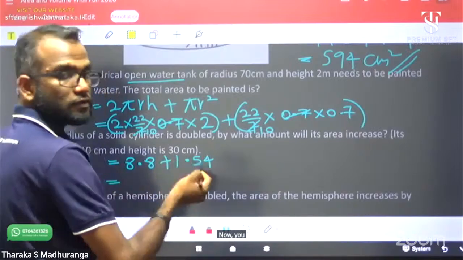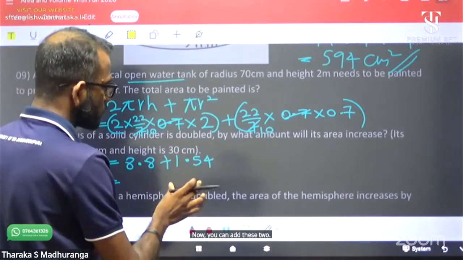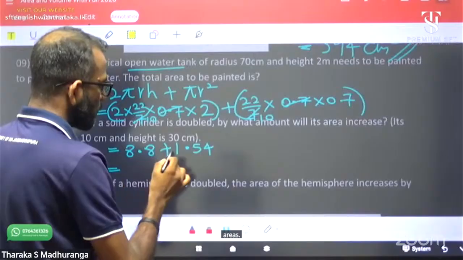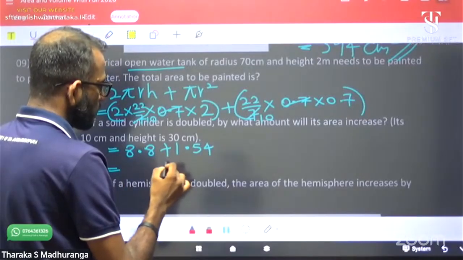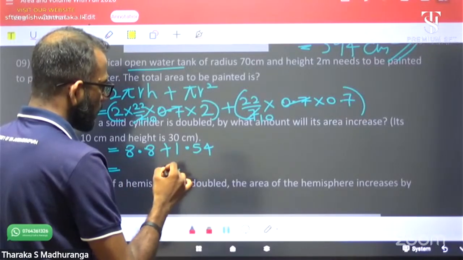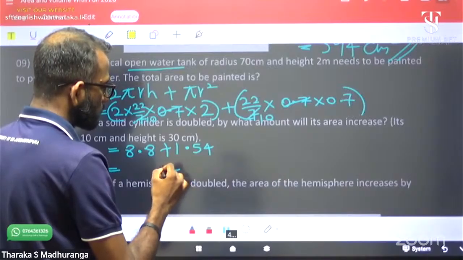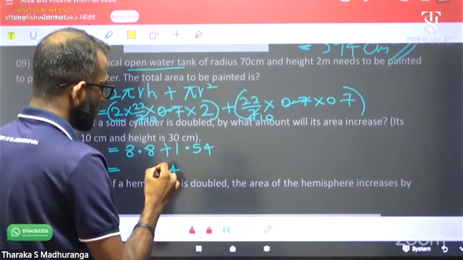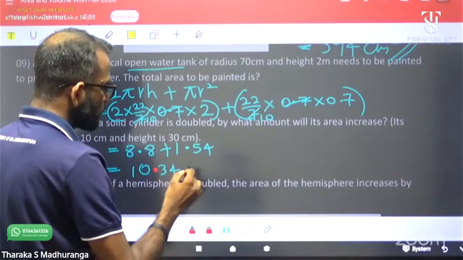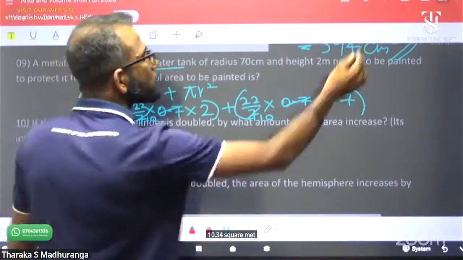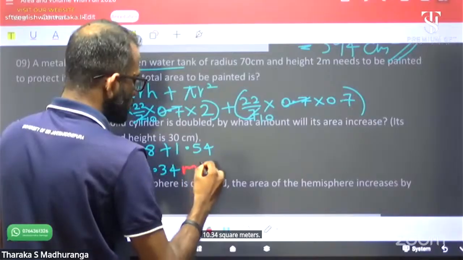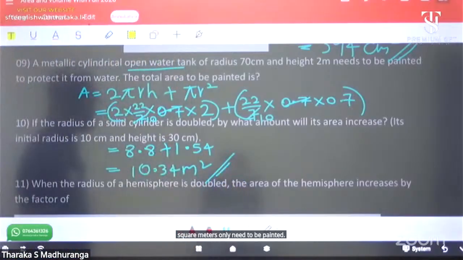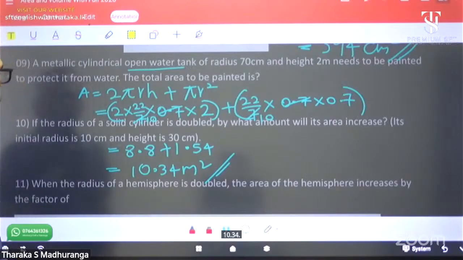Now you can add these two areas. 10.34 square meters. Square meters only need to be painted. 10.34.